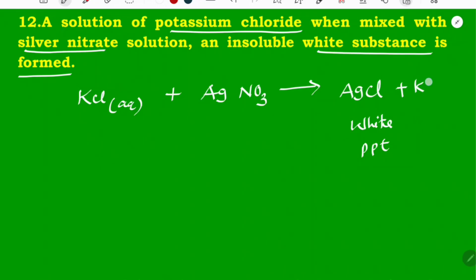So then what will form? Potassium nitrate, KNO3, aqueous solution. Your AgNO3 is also aqueous. So silver nitrate solution and potassium chloride solution both mix to form a white color precipitate, that is silver chloride. So the equation is balanced. So just here what happens? Mutual exchange of ions takes place.